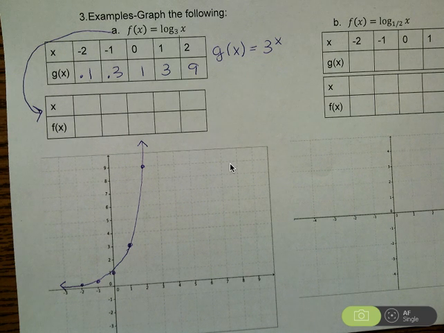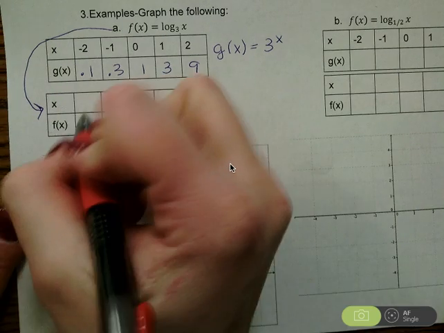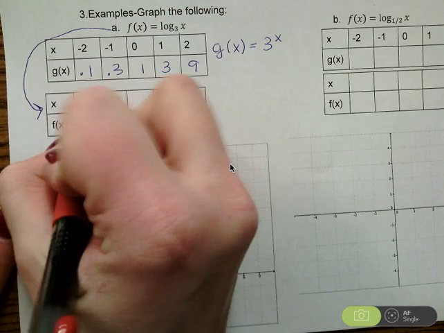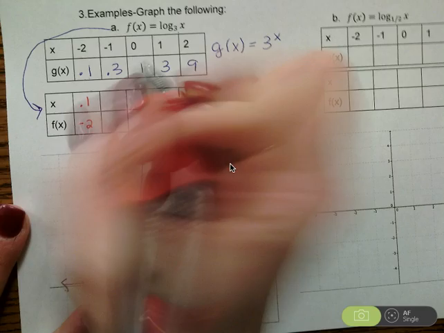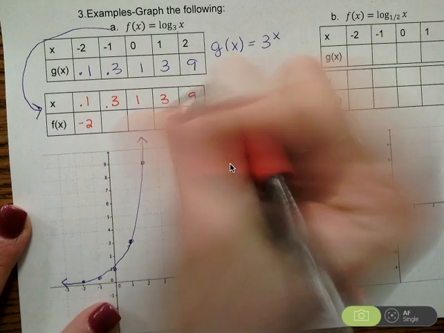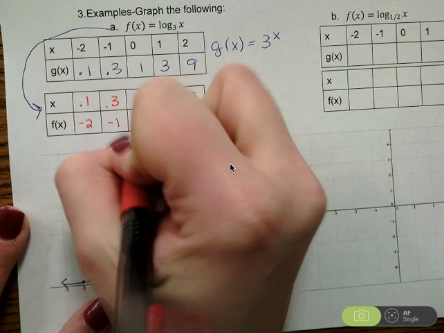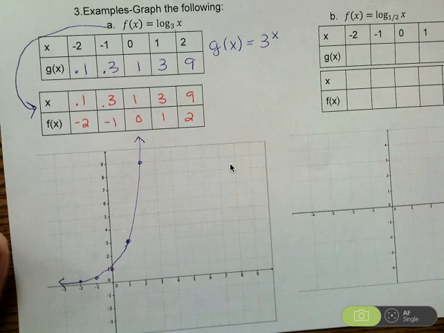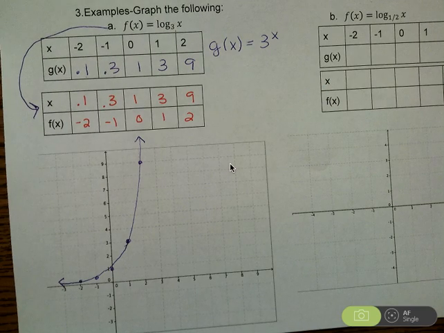And now that we have the graph of the inverse, you can just switch the x's and the y's. So x was -2, so now that's the y. And the y becomes the x. It's like a mirror image. And if you look, the way that I've set up the table, it kind of looks like we just mirrored it. That's pretty cool, right? You're welcome.